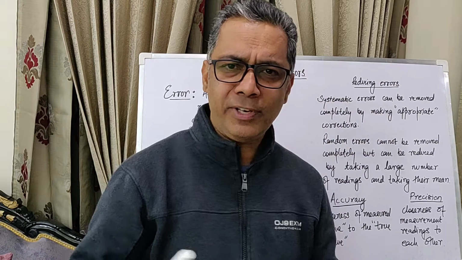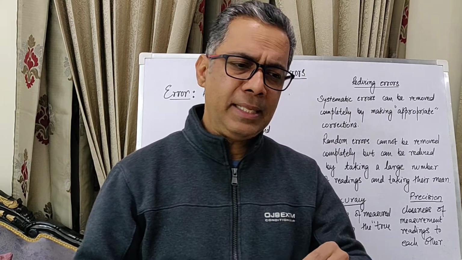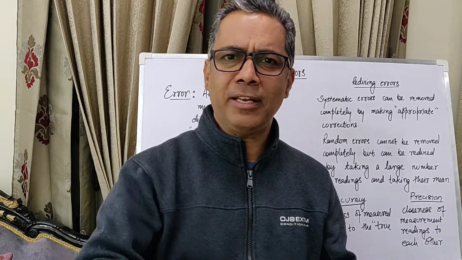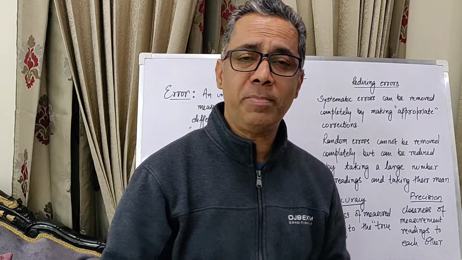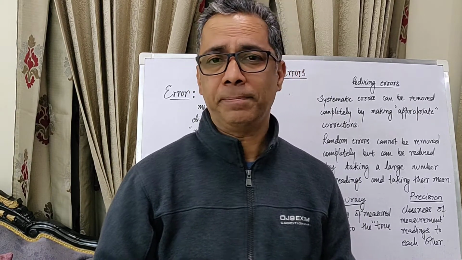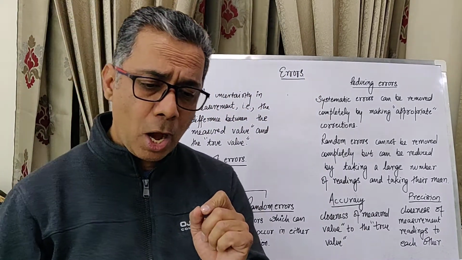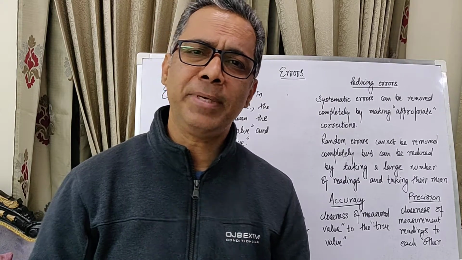When you do this, the overestimates and the underestimates tend to cancel out, and you end up getting fairly close to what should be a real true value. And that's how random errors are reduced. However, these random errors can never be removed completely.